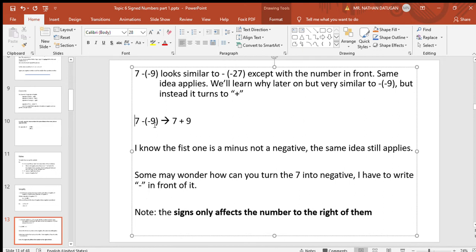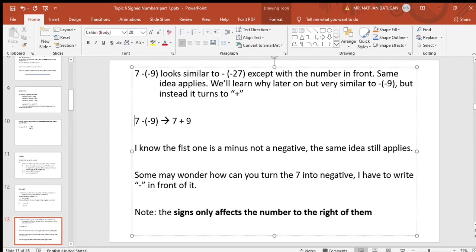We only care about the sign in the middle. In addition and subtraction, we don't really care about the sign of the first number. We only care about the sign of the middle number.